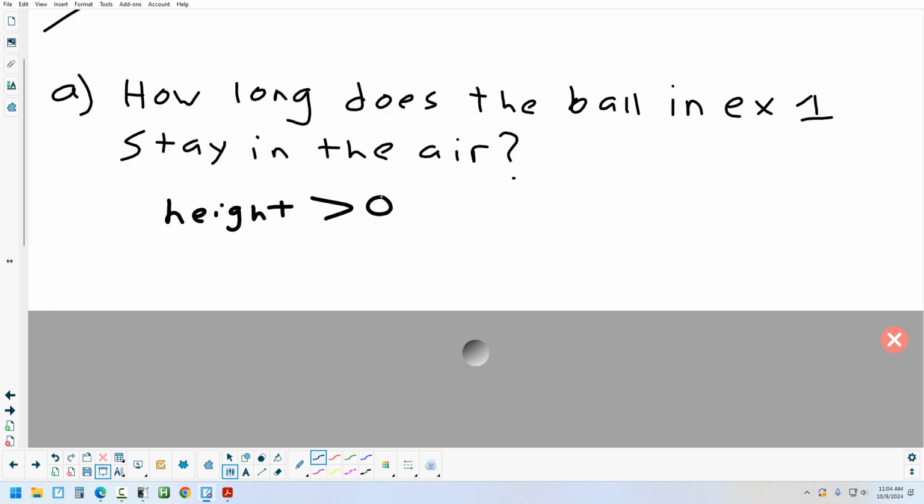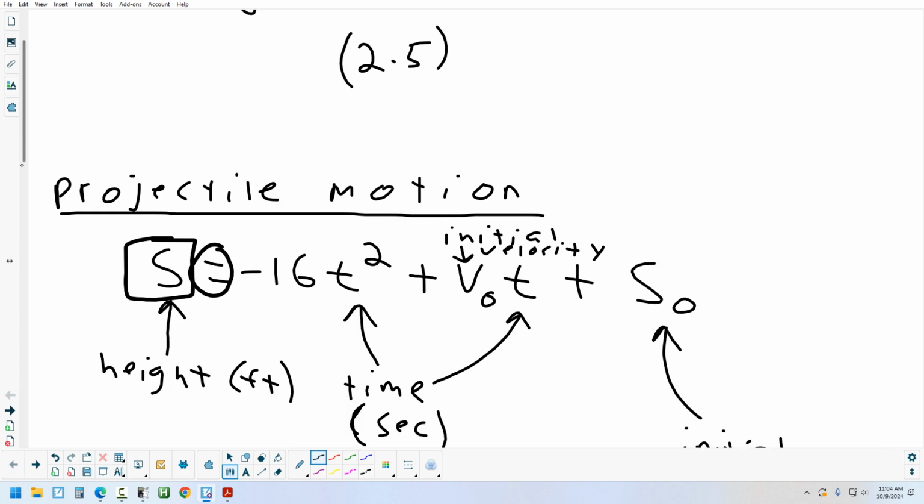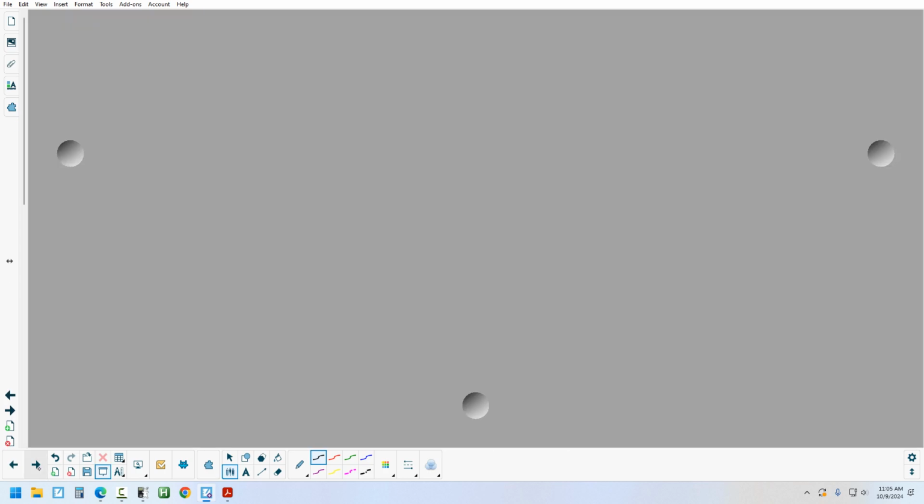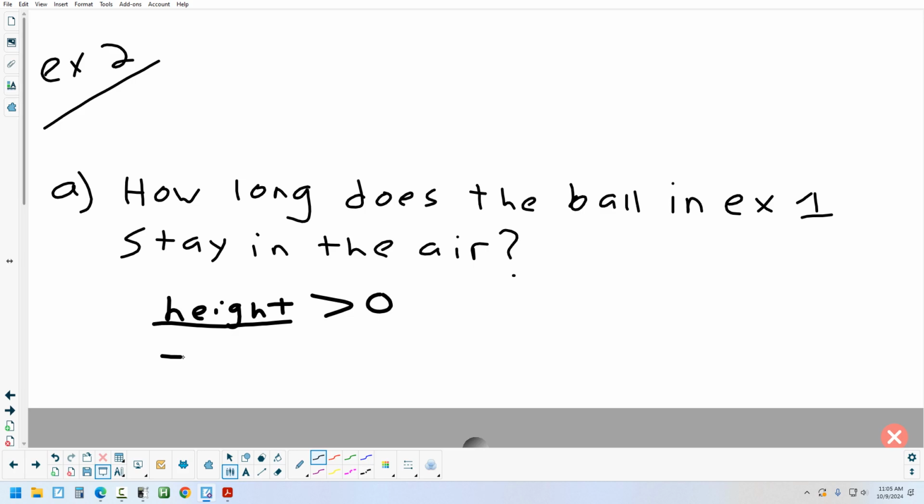So first we got to go back and look up the formula that represents the height. That is negative 16t squared plus 80t. Okay.